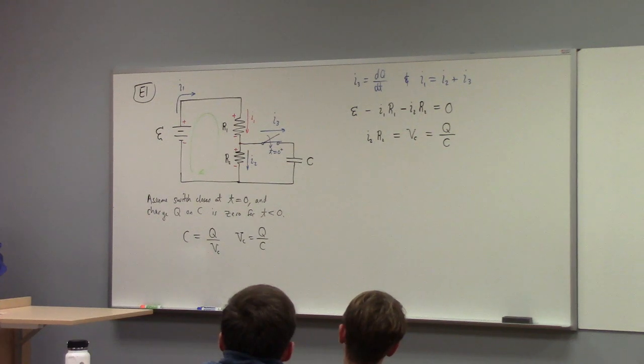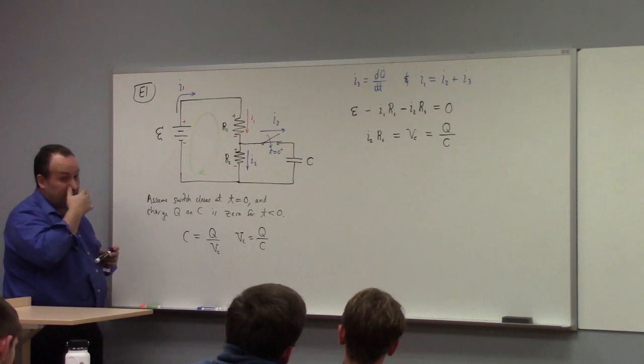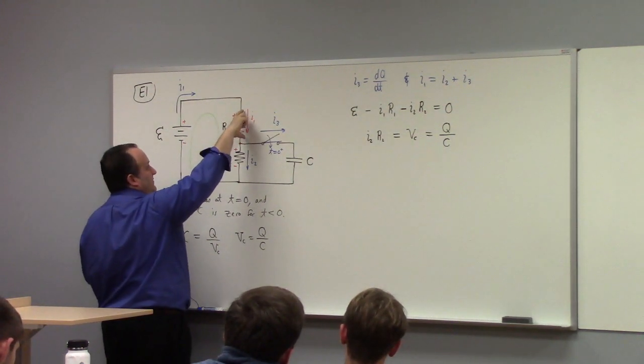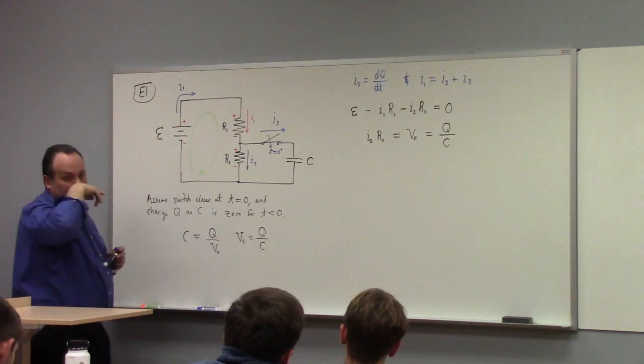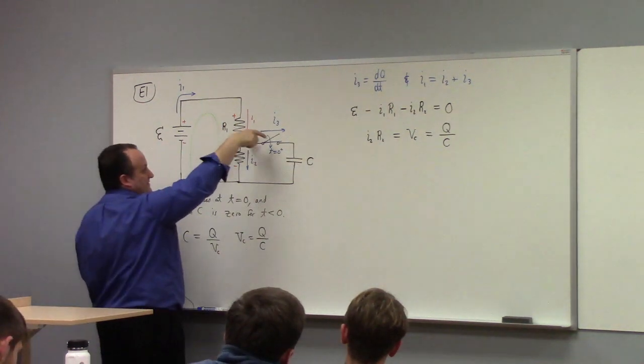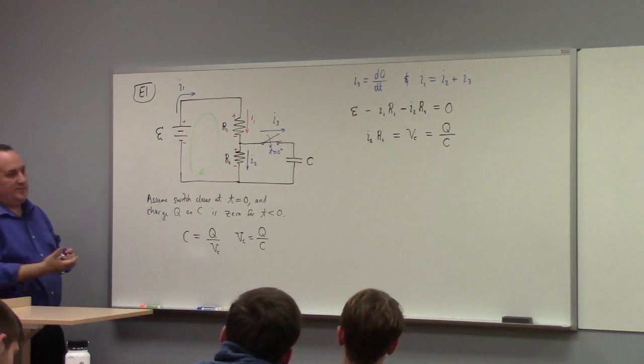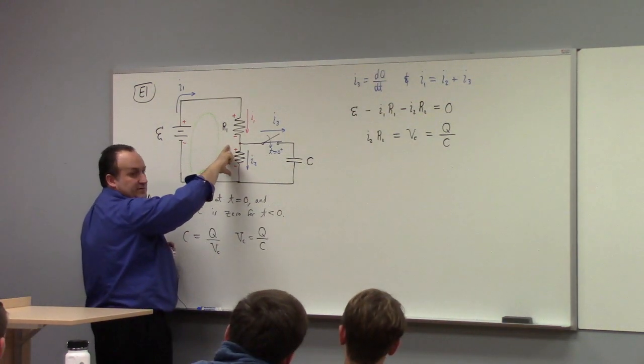So the charge being zero beforehand means charge zero right afterward, which means the voltage on the capacitor right after I close the switch is zero, which is to say that all of the voltage is being dropped across R1, all right? And current 1 is actually equal to current 3 right after I close the switch. It has to be because the voltage drop here is I2 R2.